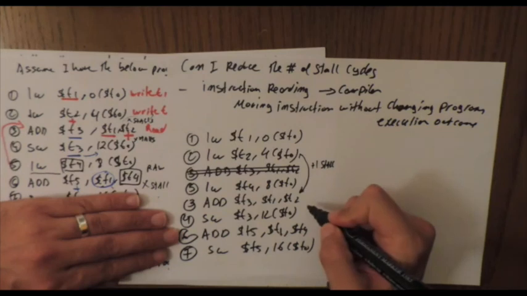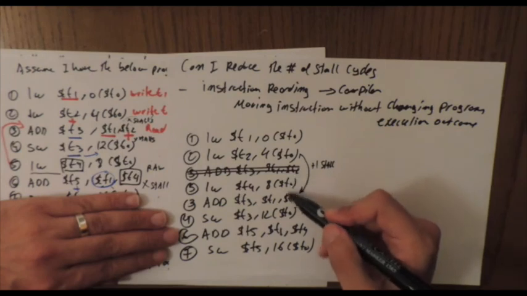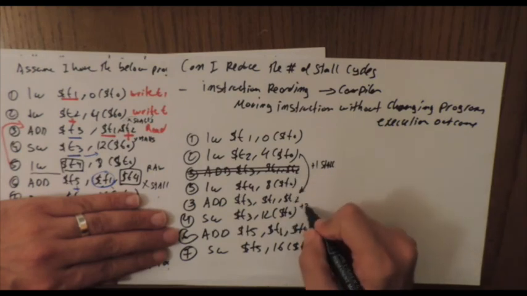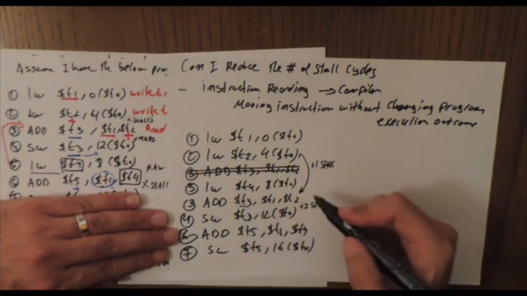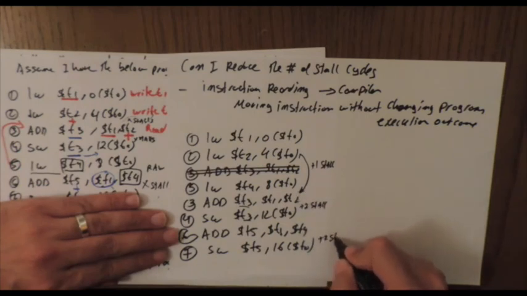And then I will check if we have a dependency between this and this. There's no dependency. Here of course we have 2 stalls, because between T3 and this one there is no more stalls between this and this, and here we have 2 stalls.